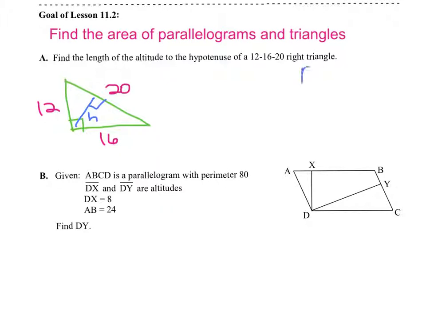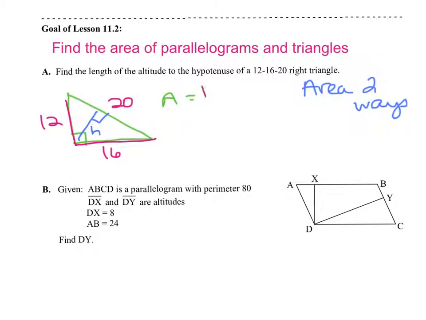Sometimes these problems are referred to as area two ways. My first step will be to find the area of the triangle using base and height given as 12 and 16. This allows us to find the area to be 1/2 times 12 times 16, which is equal to 96.